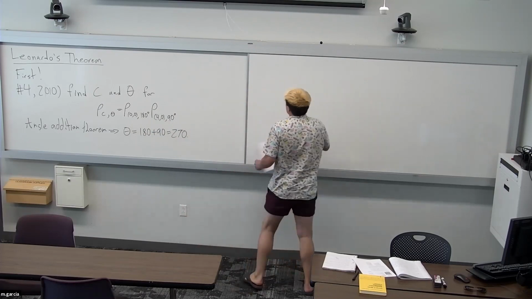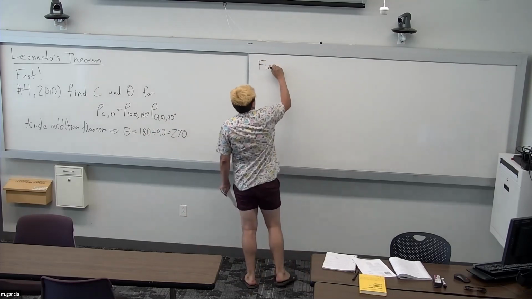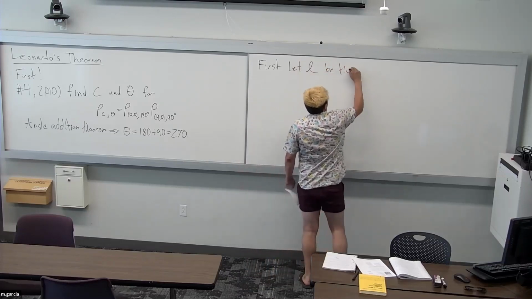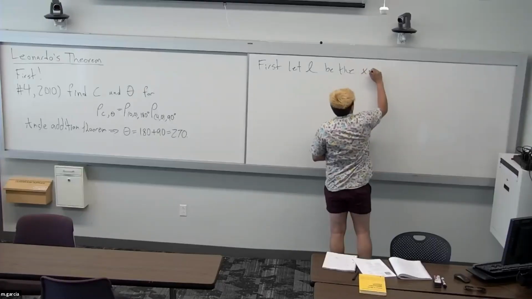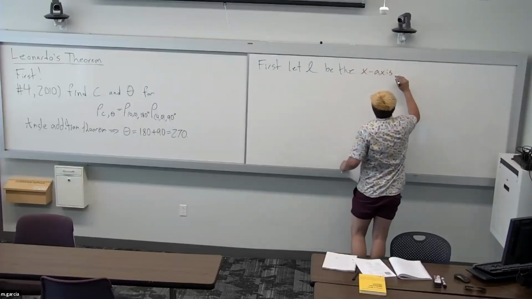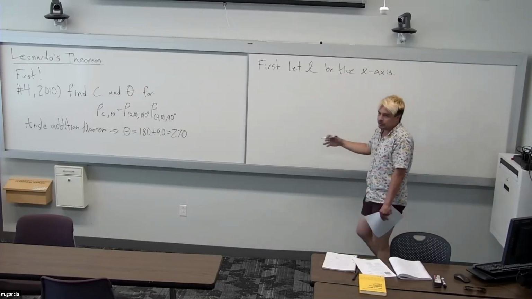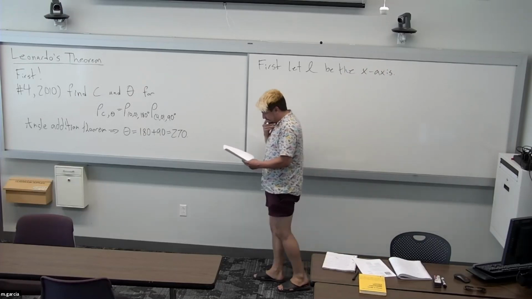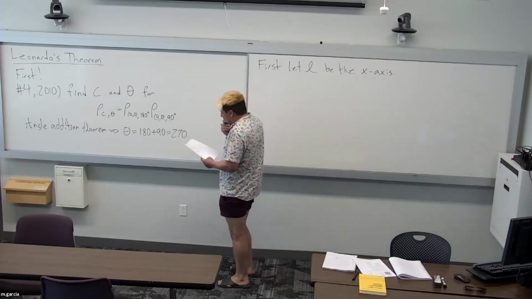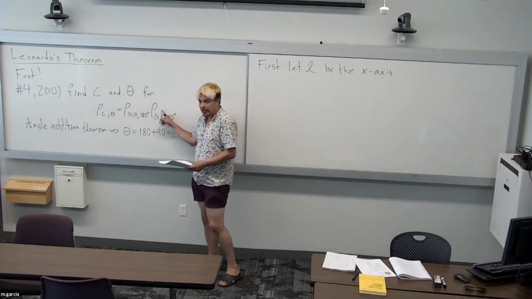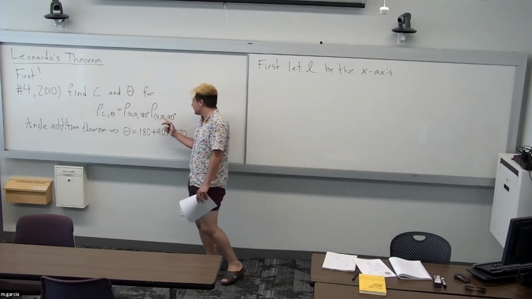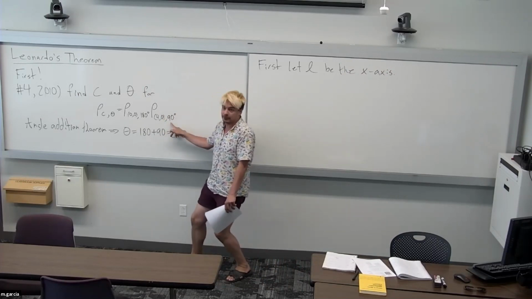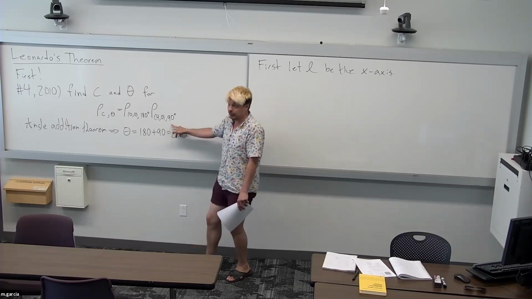Okay? So, first, let L be the x-axis. And then essentially what we're going to do is find the line M such that we have a directed angle between L and M of 45 degrees, half of this angle measure.